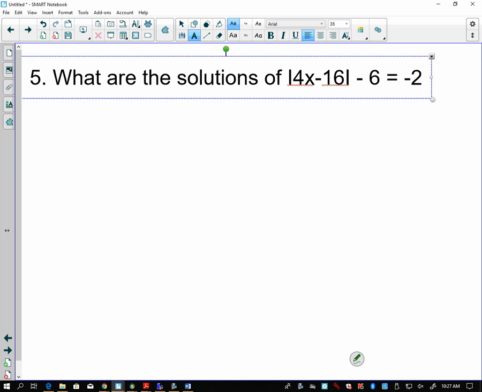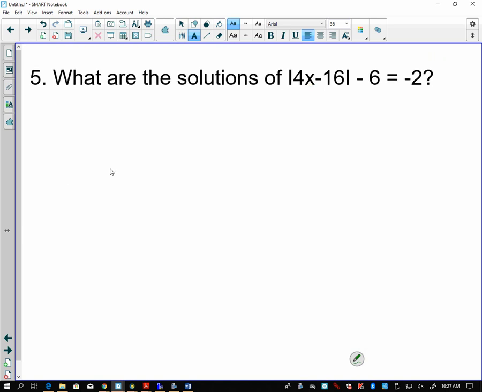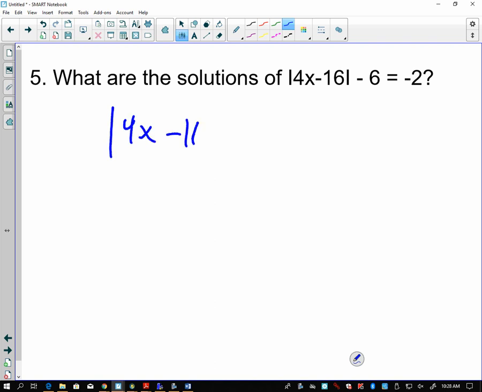This is a short answer question. Okay, so you're going to have to write in the values. What are the solutions? Okay, so I'll just rewrite it here so you maybe see it a little bit better. Absolute value of 4x minus 16 minus 6 equals negative 2.